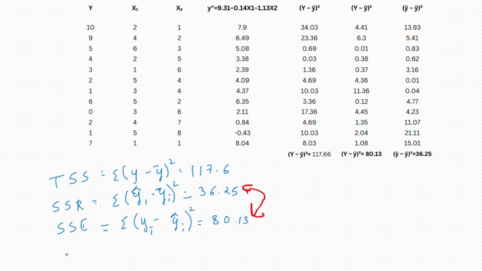So from this TSS, SSR and SSE we can find the ANOVA table.